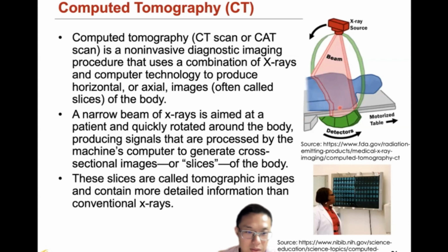These slices are called tomography images and contain detailed information like the conventional X-ray. So here you can see there are multiple slices of the human brain. The radiologist or doctors are able to use this detailed volumetric data to identify or make some diagnosis.